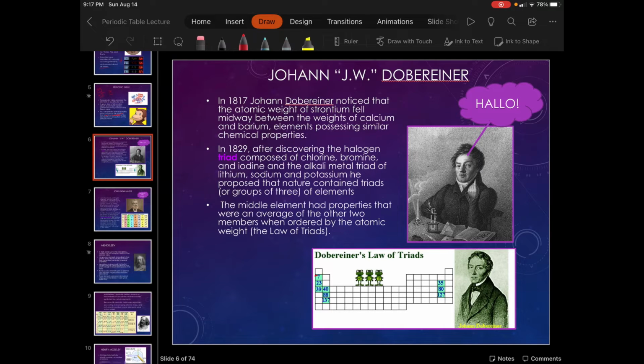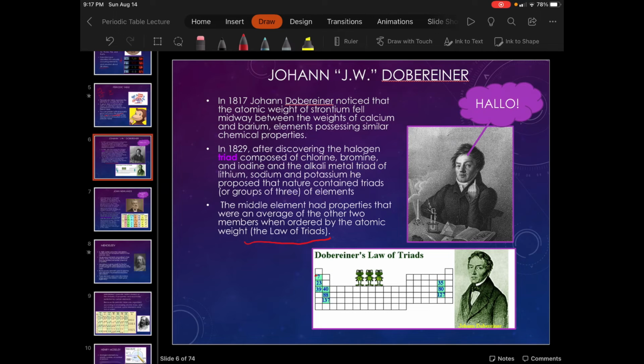So let's learn a little bit of history really quickly. This is not extremely important. I'm going to let you go through this yourself. But the big thing that I want you to take away is that Dobereiner postulated what is called the law of triads.